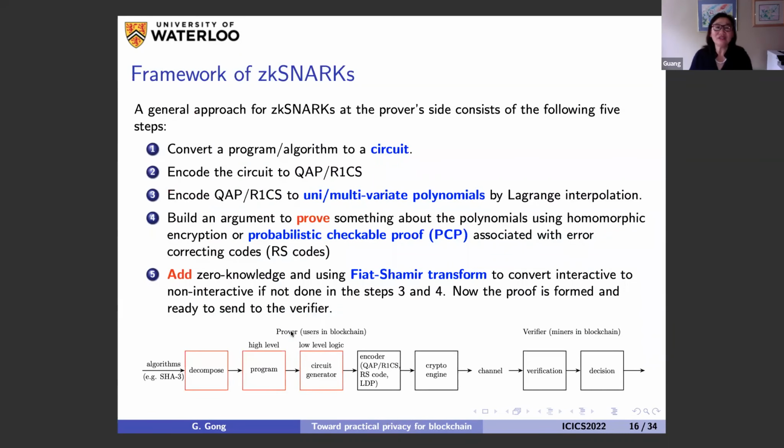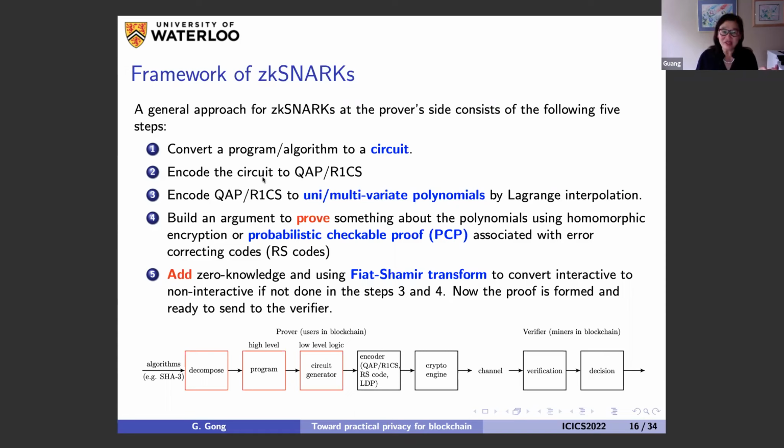So in general, this is the framework of zkSNARK. For example, we are given an algorithm. First we convert this algorithm or program into a circuit. Of course, this is also very hard work, but it is not the research focus here. All of this is called the circuit generator.